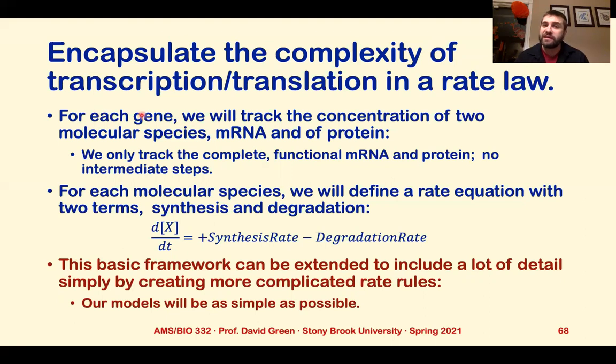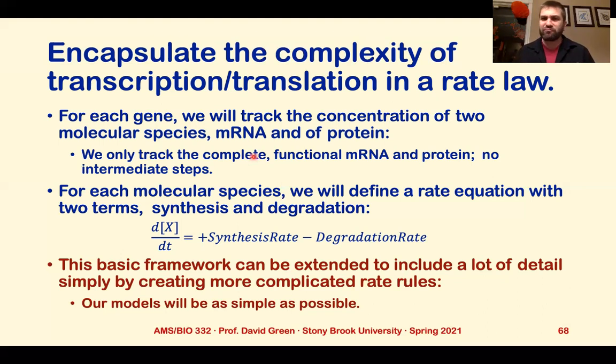For each gene, we're really only going to track two things. We're not going to keep track of initiation complexes and the progression of a polymerase along a template. We are only going to keep track of the concentration of mRNA and of protein, and really we're only going to keep track of complete functional mRNA and of protein.